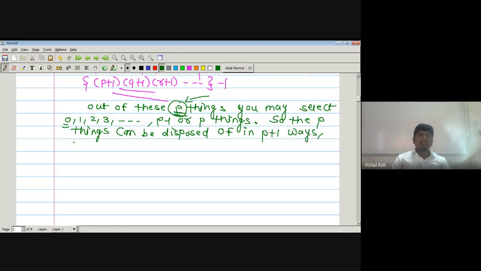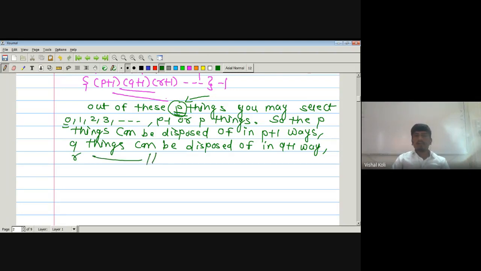Similarly, q things can be disposed of in q plus 1 ways, and r things can be disposed of in r plus 1 ways, and so on. For the next terms also we have to do the same thing.